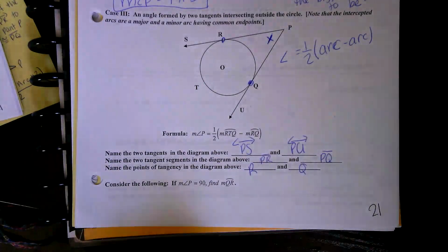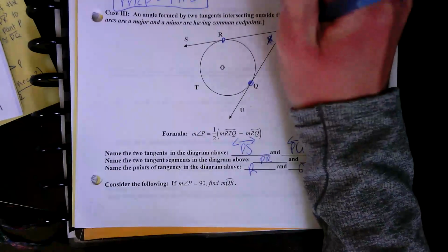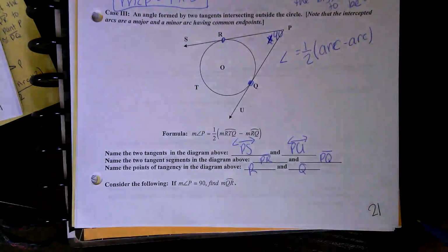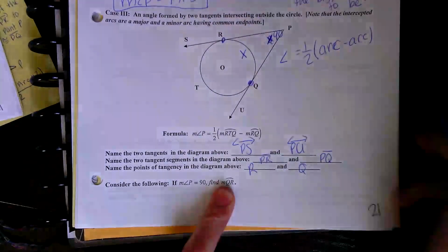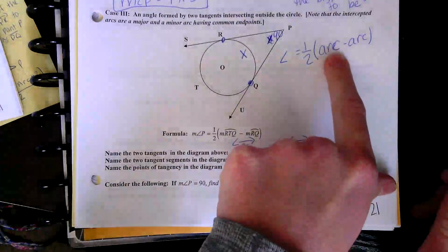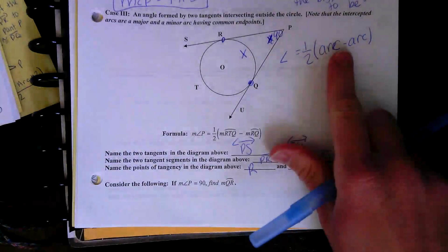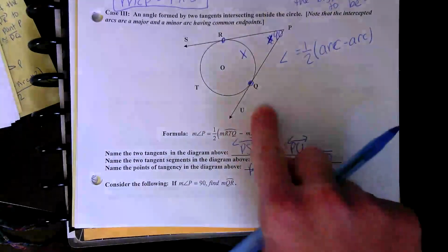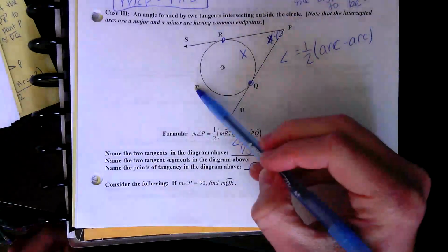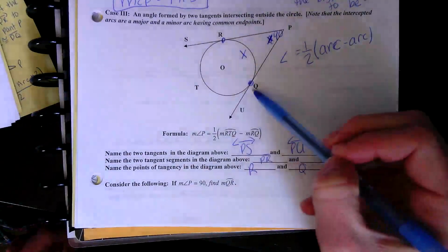So we are given the measure of angle P is 90. So this is 90. Okay. Now we want to find the measure of QR. Okay. And like I said, we're still going to use the same formula. But here's the thing. In order to use this formula, we need to know the value of arc RTQ. Okay. We need to know this.